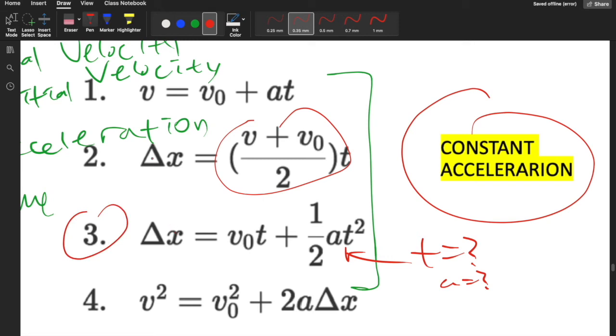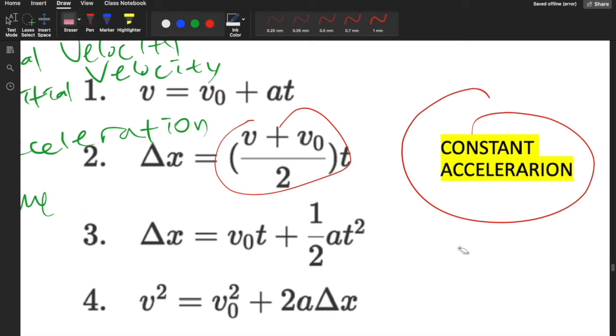Usually the equation needs to include what you need to find, so the unknown is usually one, and all the other things are already known.